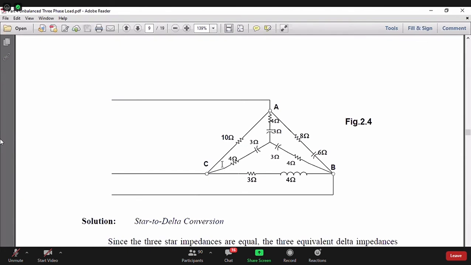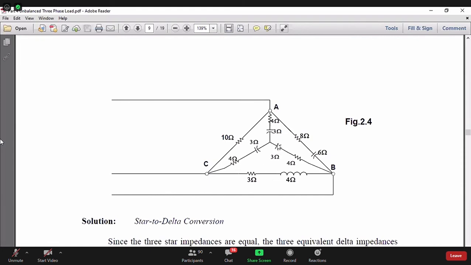But the question to be answered is, because I now have two star connections, whether the neutrals of the two stars are at the same potential. The answer is, if they are all balanced, yes, they will be at the same potential. But if they are unbalanced, they will not be. And if they are not at the same potential, you cannot connect them together.